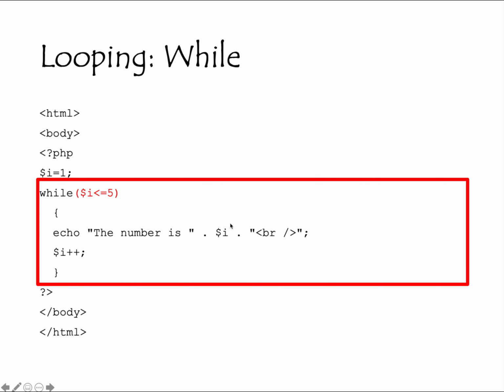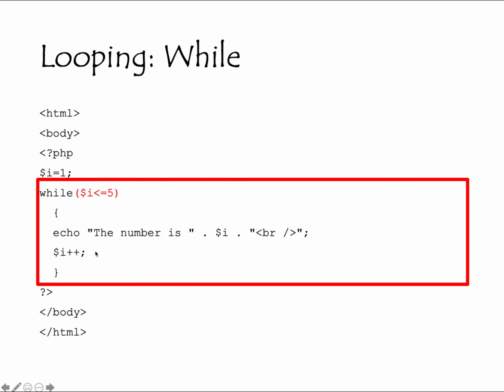What is this $i? Yes, this is a variable, so a certain value must be stored in this variable. Then it is concatenated with the HTML code, the BR tag, so we add a line break after this one line statement.